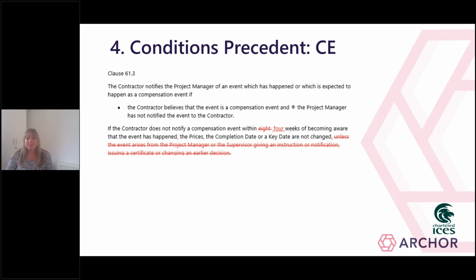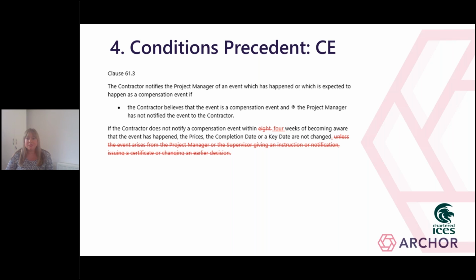As you might expect, this wording is removed in most amended forms of NEC, so the contractor must give the requisite notice of the compensation event, no matter how it has arisen, otherwise there will be no entitlement to a change to the prices or the completion date.